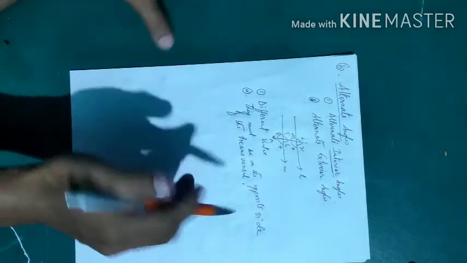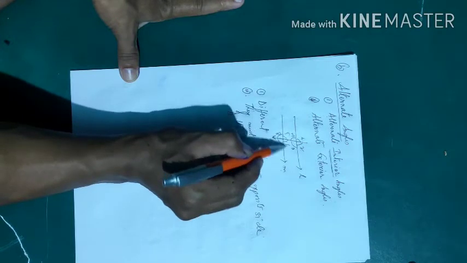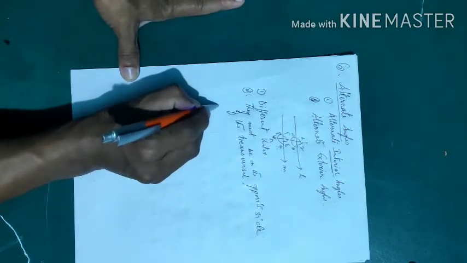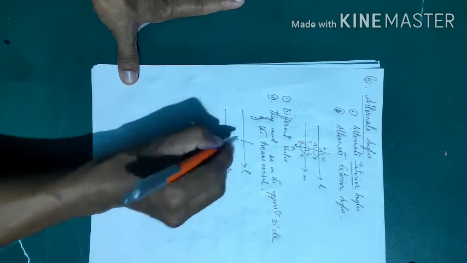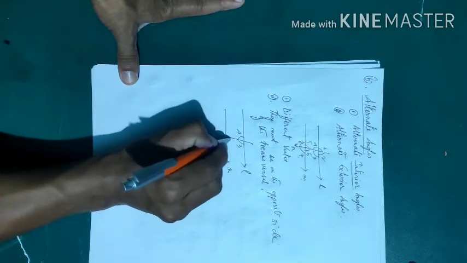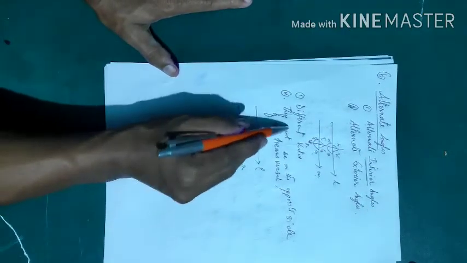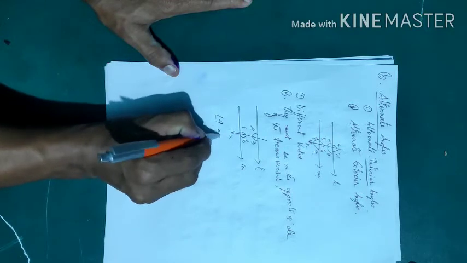Interior angles means we have to look only at the angles between L and M, which are 4, 3, 5, 6. So let me just bring them here. L and M line and transversal. So we have 4, 3, 5 and 6. Let us compare first angle 4 and 6.